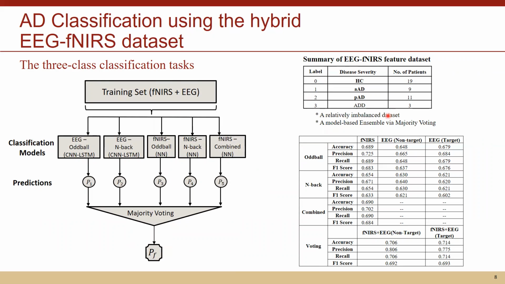So this is our dataset for all of them, for the EEG and fNIRS. Let's see the result. If we combine the fNIRS and EEG, it's much better, like 0.7 compared to only this match and this match. This is just the non-target and target during the stimuli of the experiment.